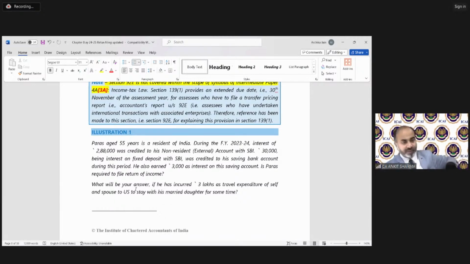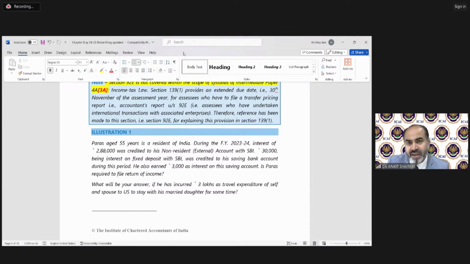Then it says, what will be your answer if he has incurred 3 lakh as travel expenditure of self and spouse to USA with his married daughter for some time? So that will be taken later. First of all, we have to answer the first part.